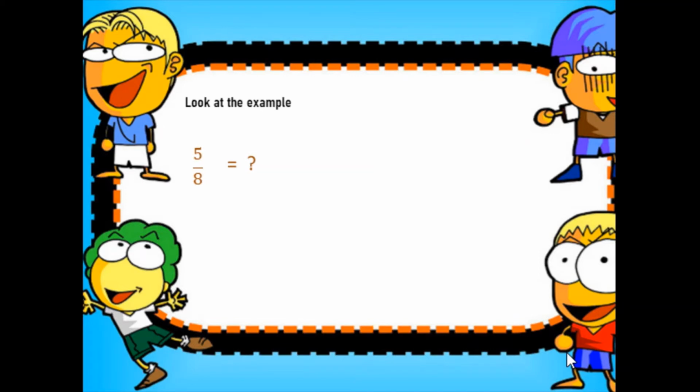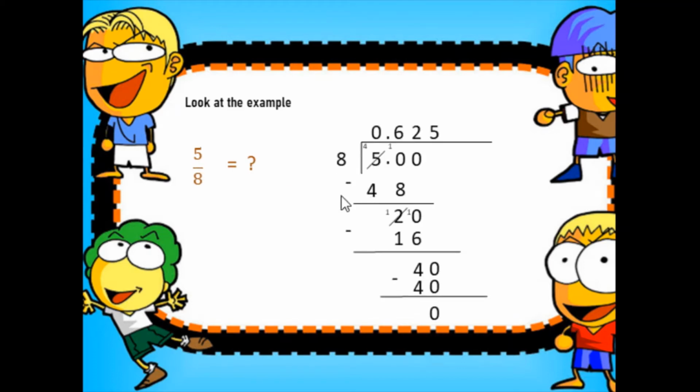We have to change 5/8 to percentage. Now, what is the first step? We need to change it to decimal first. So, let's see how to change fraction to decimal. We change fraction to decimal by dividing the numerator, which is 5, by the denominator, which is 8. So we have here 5 divided by 8.